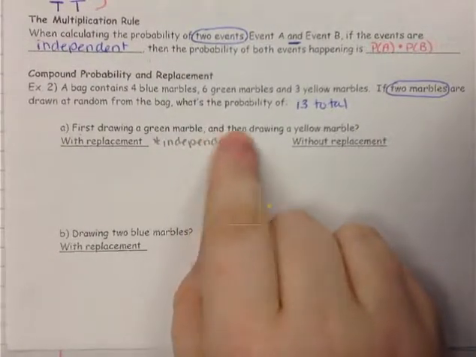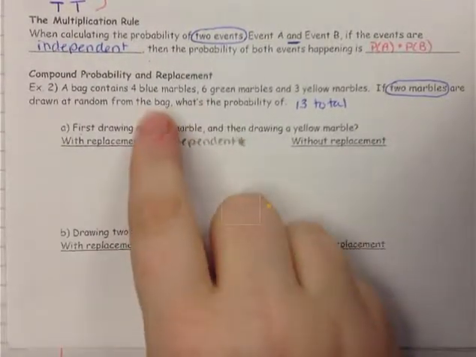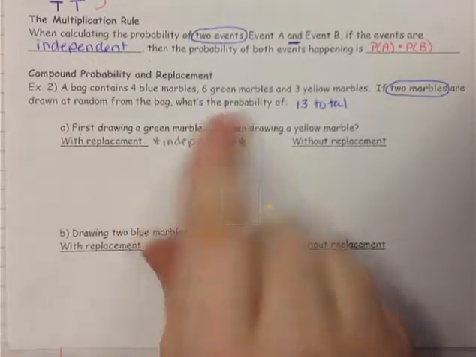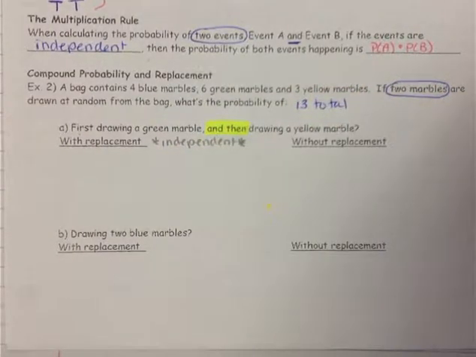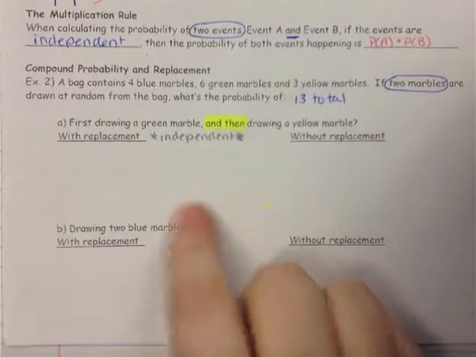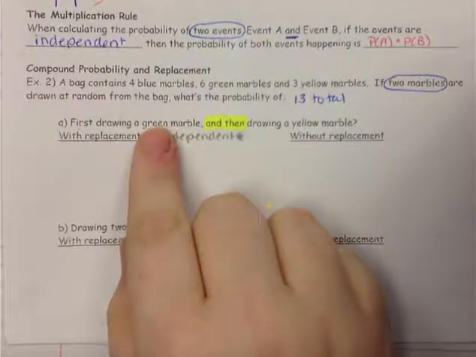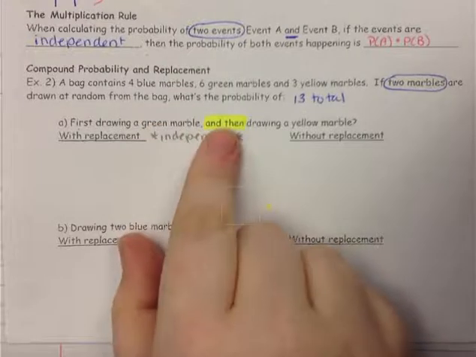Now there are crucial words in here. It says "and then." That means I have to get the green one first and then the yellow one. Crucial words, because if it did not say "and then," I could actually double my probability.